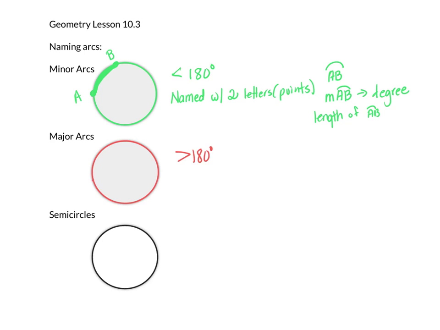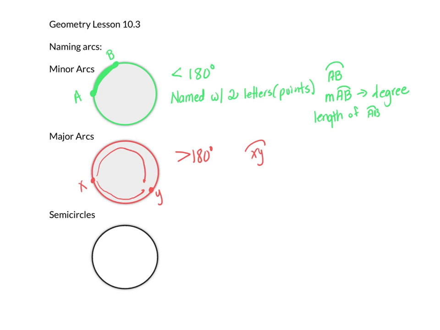If I just put two end points on here, we'll just call them X and Y. If I say arc XY, you don't know if I mean this piece of the arc or if I mean this piece of the arc.